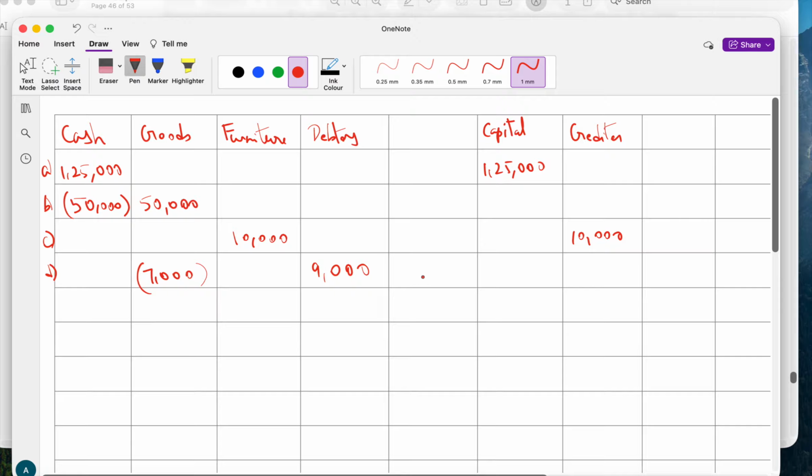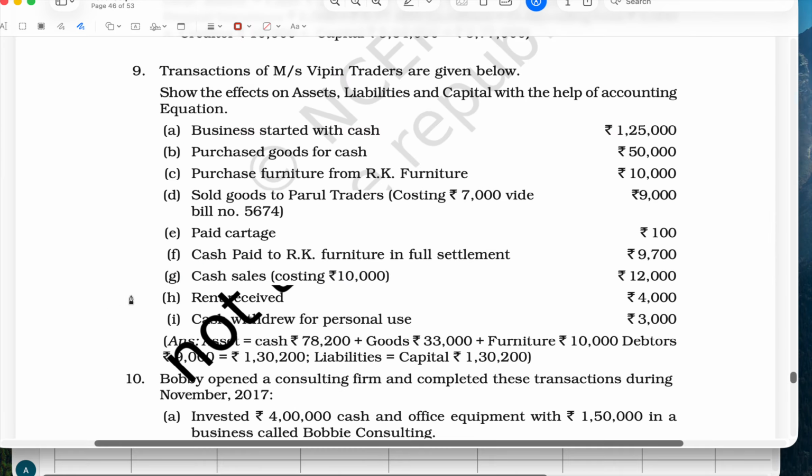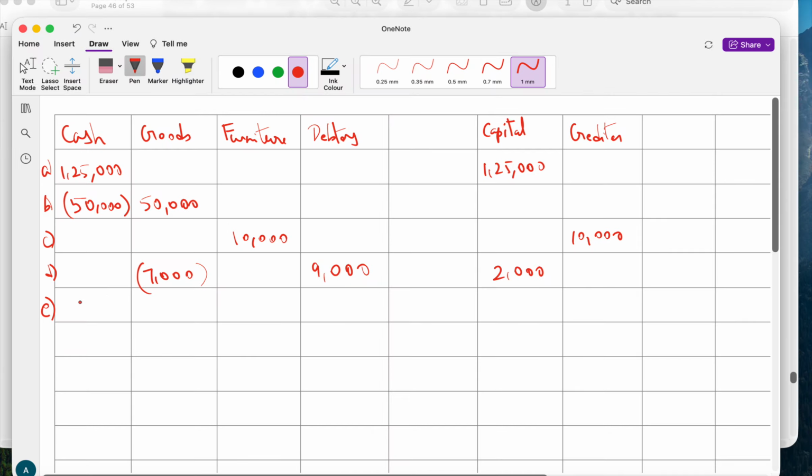Okay. So there is a profit of 2,000 that is added to the capital. Next is E, paid cartridge 100. Okay, that's an expense. We will subtract from the capital.